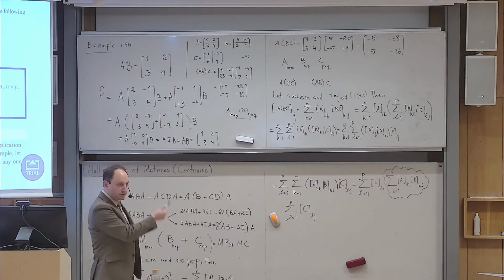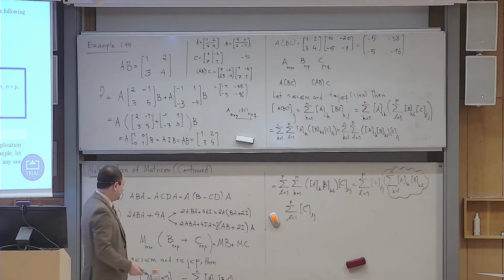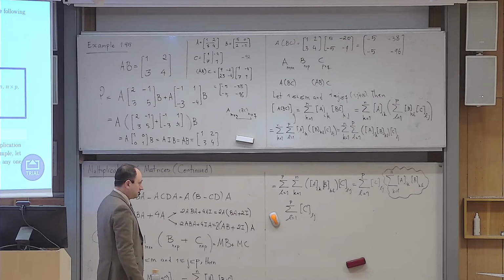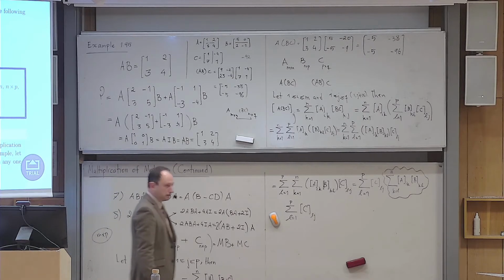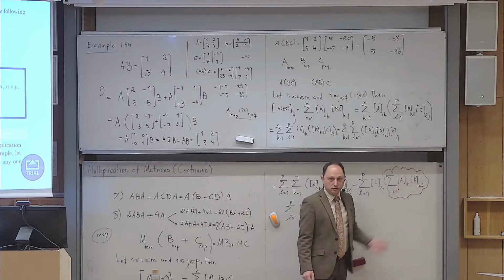It's crying out, what is that? We have used it several times. Is it the matrix AB in the order of IL? Exactly. Because that is the IL entry of the product of AB.